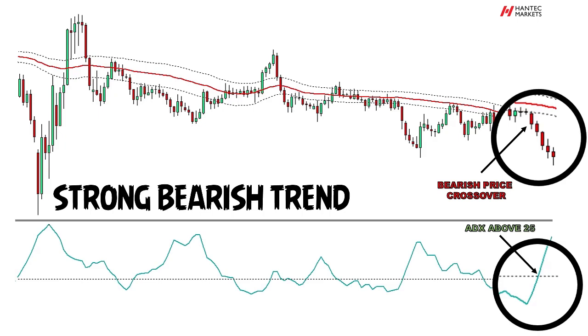This is simply telling us that there's a strong bearish trend in the market. Therefore, according to the rules of this trend-following forex trading strategy, we're now allowed to move on to the second step of its low-risk, high-probability trade setup identification process, which is confirming the direction of the market's prevalent trend.